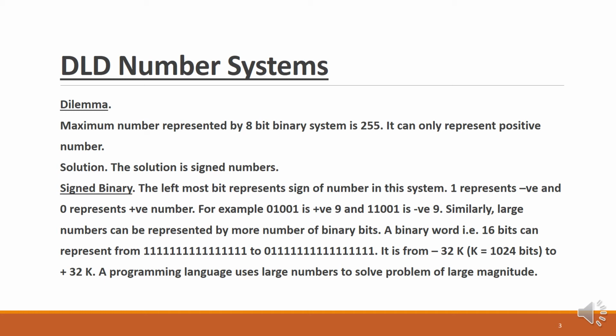Now similarly, a 1 sign bit followed by 15 ones is minus 32k, and 0 followed by 15 ones, 2 raised to the power 15 is 32k, and obviously 0 is the sign bit, so it is plus 32k. So the programming languages in the computer use basically large numbers to solve the problem of large magnitudes. Just keep this thing in mind.